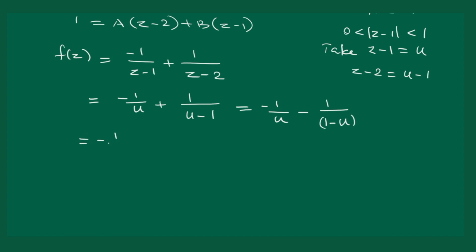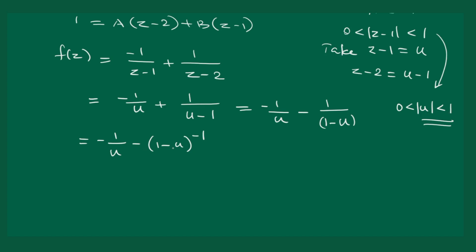Now we can take that term to the numerator and use binomial expansion. When we use binomial expansion, u should be less than 1. If you notice, we have 0 less than modulus of u less than 1, which means that modulus of u is less than 1.